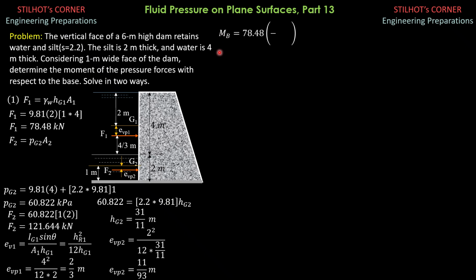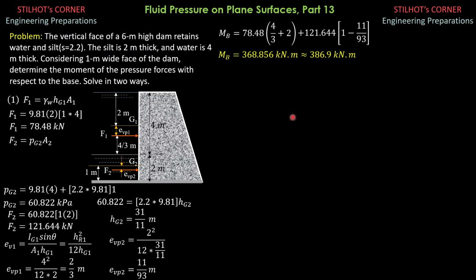So MB equals F1, 78.48, times 4/3 plus 2, then plus F2, 121.644, times quantity 1 minus E sub V2. So MB is equal to 368.856 kilonewton meter.